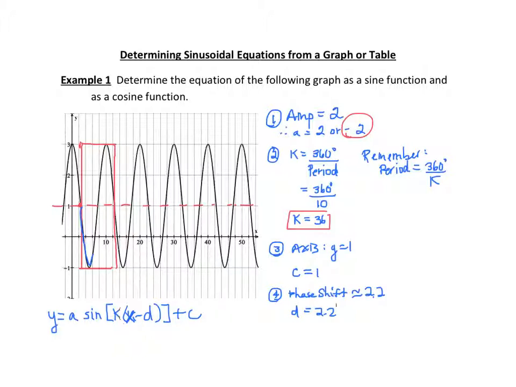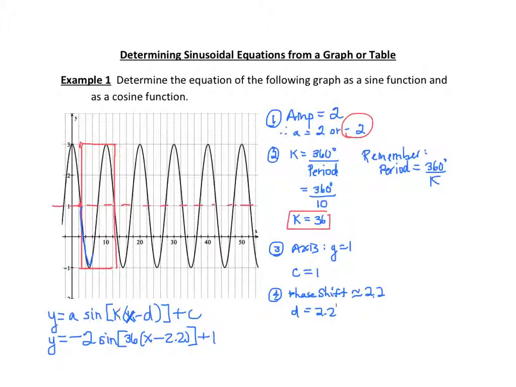Okay, so we have to fill our values in to this formula. So as a sine curve, this equation could be y equals -2 times the sine of 36 bracket x minus 2.2 bracket plus 1.